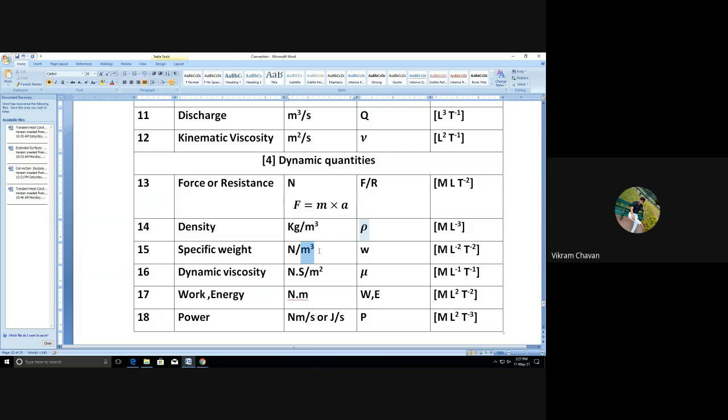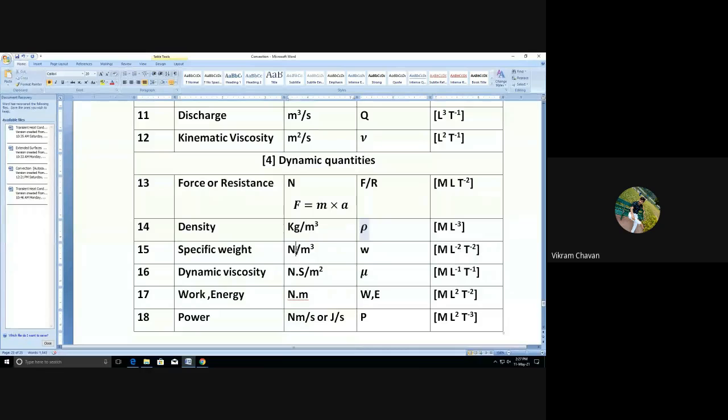Okay, that is nothing but volume. Meter cube is the unit of volume. So Newton divided by meter cube, that is weight divided by volume, that is nothing but specific weight, and its symbol is small w. You can easily derive the dimensions of specific weight if you remember the dimensions of a Newton.